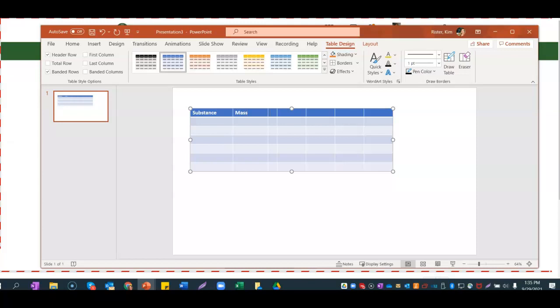Mass. So see, I need to make these all bigger. So here we would get the length. Then we have the width. We have the height, which gives us the volume. And then we're able to calculate the density.